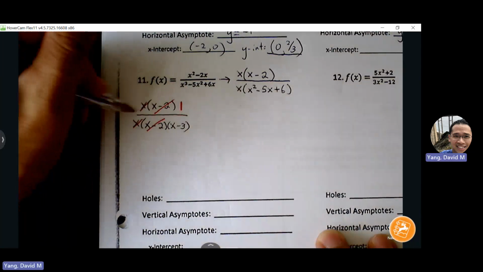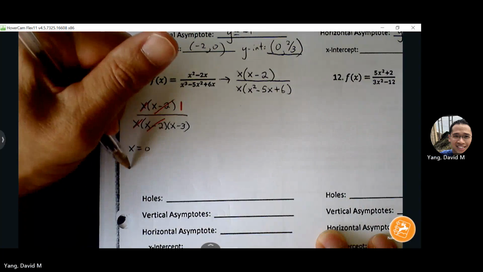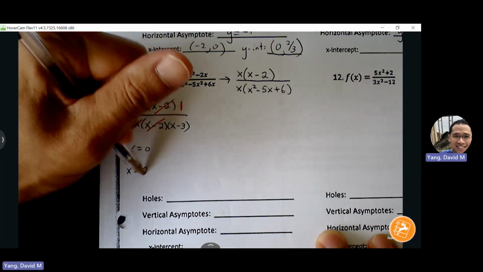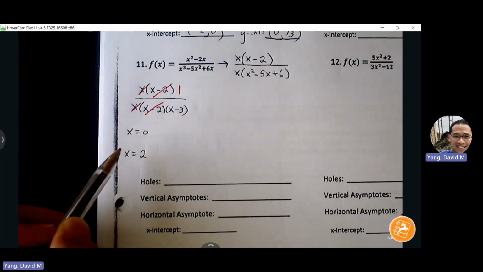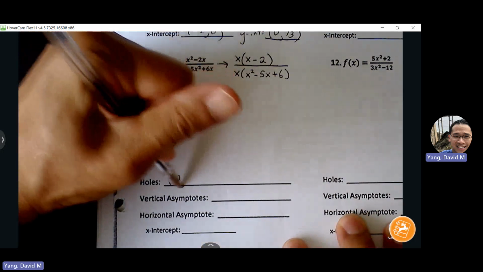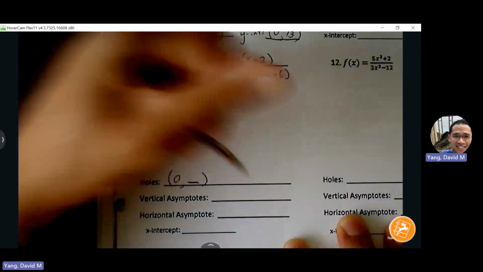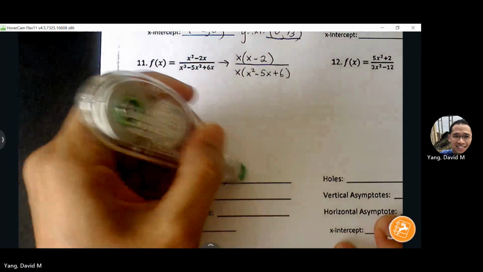So I'm going to set both equal to 0. And I got X equals 0 and X equals 2. So these tell me the X value of my hole. I don't know what the Y values are yet, but I do know what the X values are. So I know there's a hole at 0 and there's a hole at 2.